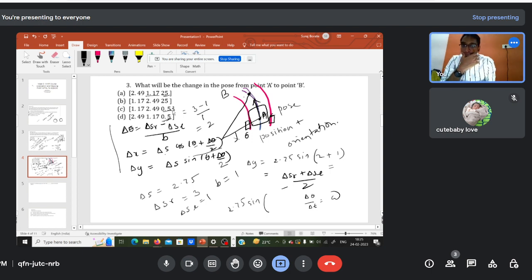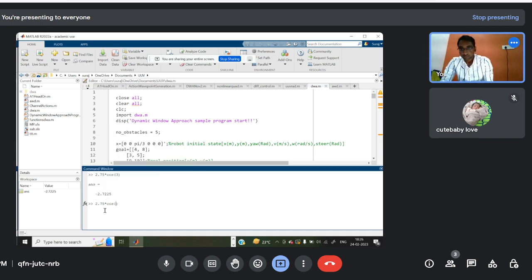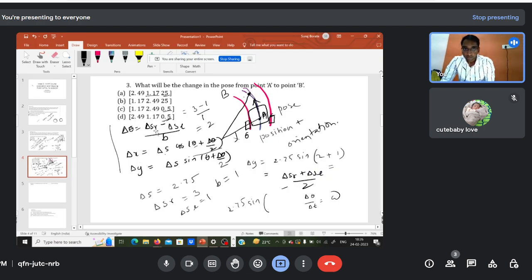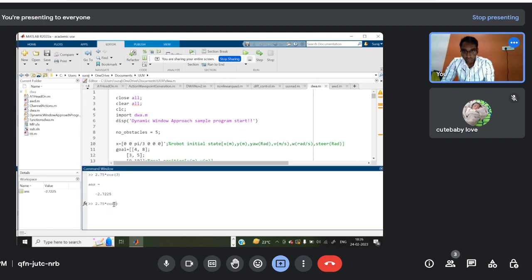Come on. 2.75, cos of, sine of theta. Delta theta was 2 plus delta theta by 2, 1. Here it's coming 2.75.